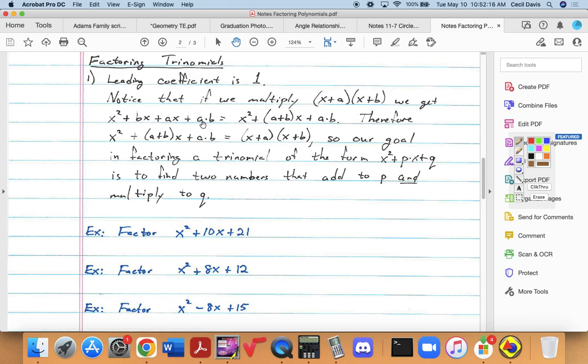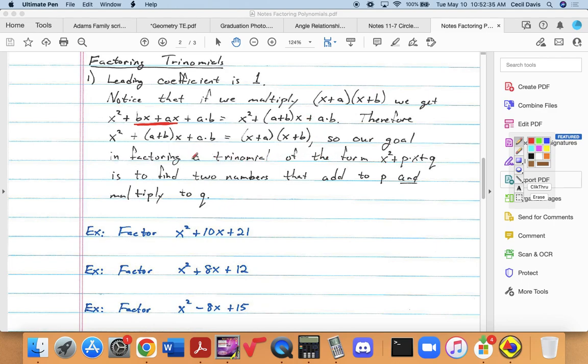Everybody good with that? If we look at this middle part together, that's b times x and a times x, right? We could rewrite that as a plus b times x.